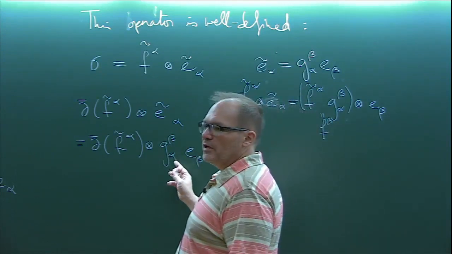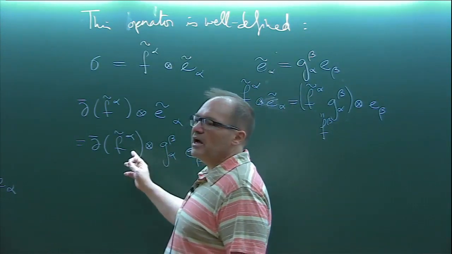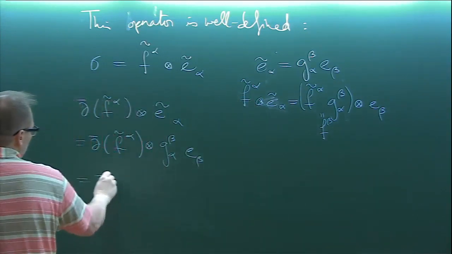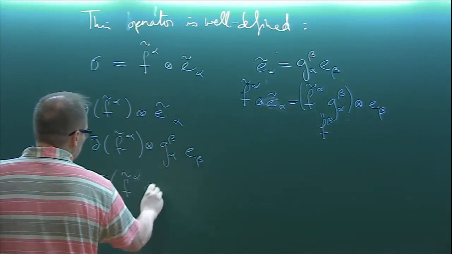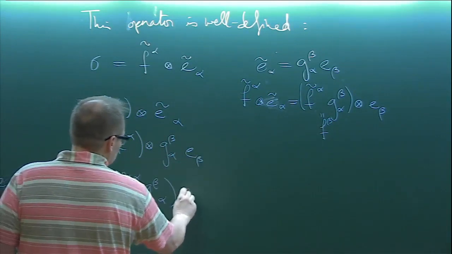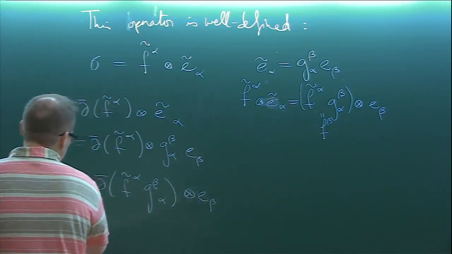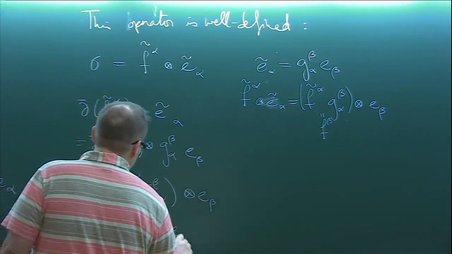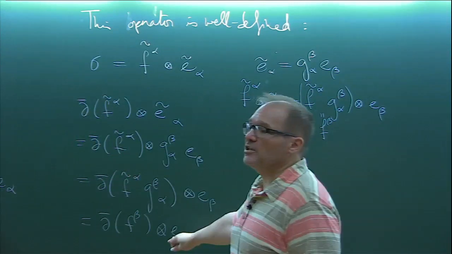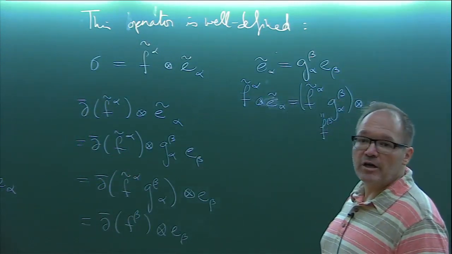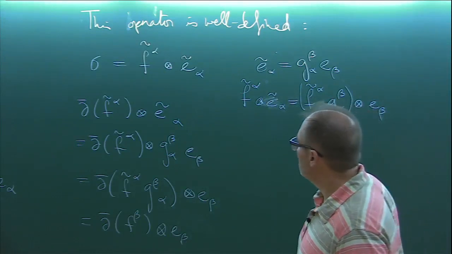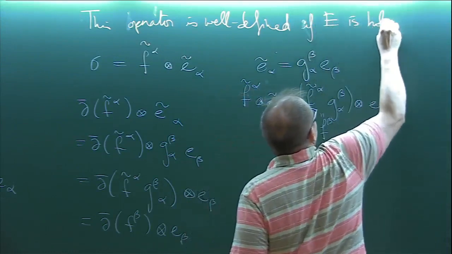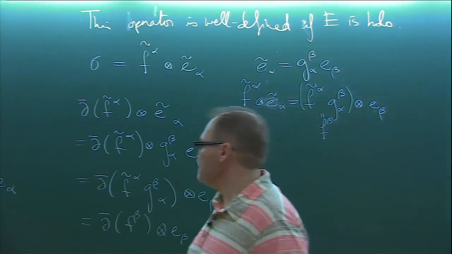But they're also holomorphic, so they can go inside d-bar because d-bar just sees them as constant. D-bar of f-tilde_α g_{αβ} tensor e_β. But this is exactly d-bar of f_β tensor e_β. So you see that the expression is exactly the same no matter what holomorphic frame you're using for the vector bundle. I should emphasize that E is a holomorphic vector bundle.